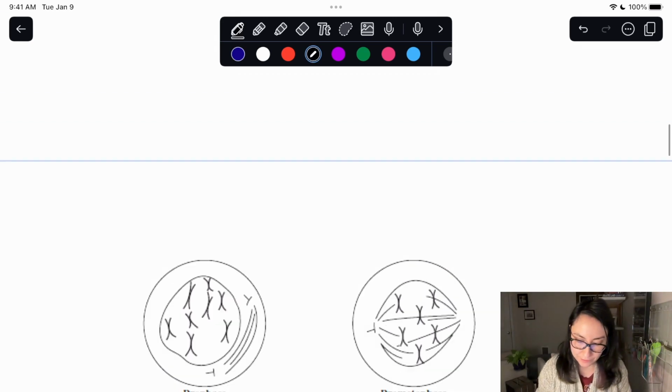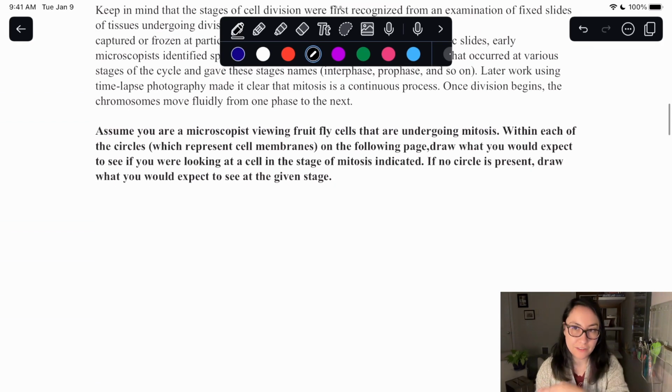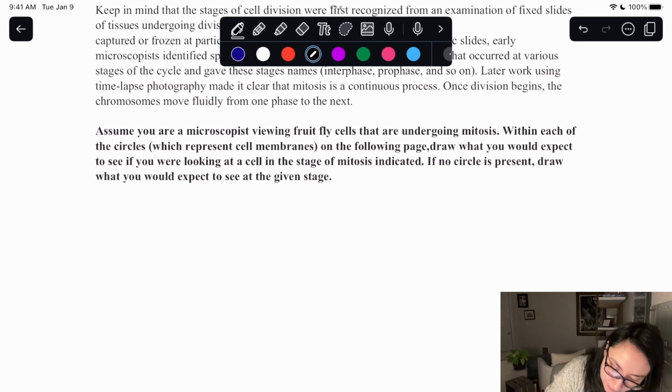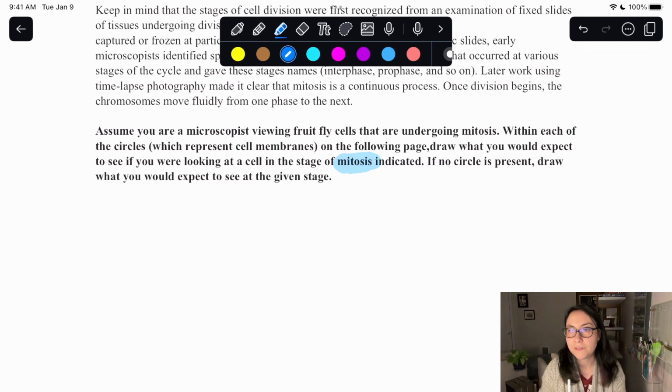Okay, so what this is asking on the next page, and you're going to see a bunch of pictures of a cell, is to draw what you would expect to see if you were looking at a cell in a stage of mitosis. So this is all about highlighting, in a bright blue, that mitosis is what we're talking about. Mitosis, not meiosis.